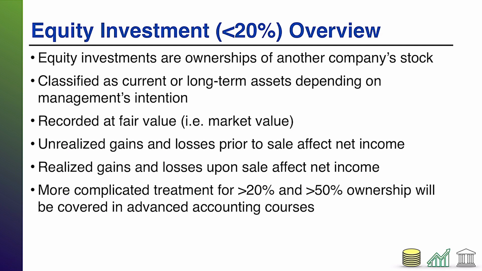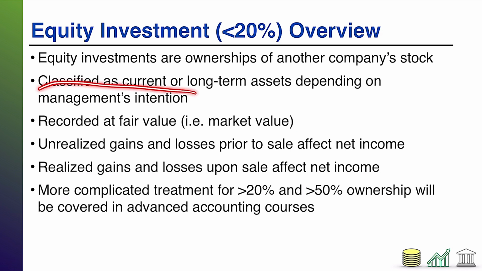But just know, when we do get to the balance sheet videos, when we do talk about the balance sheet classifications, something we're going to find out is you tend to split up what's called your current assets and your long-term assets. And that's based on how long you're going to hold the investment. And so for now, we'll deal with the balance sheet later, but know that equity investments could be called current, they could be long-term.